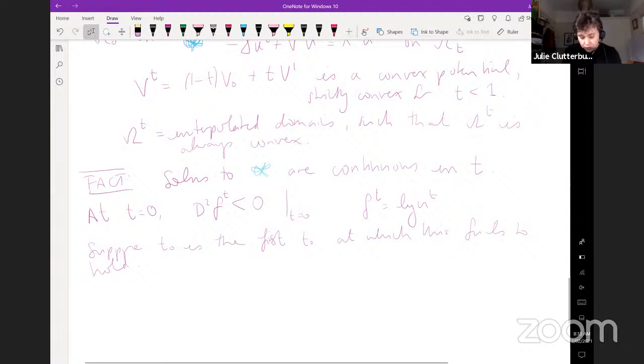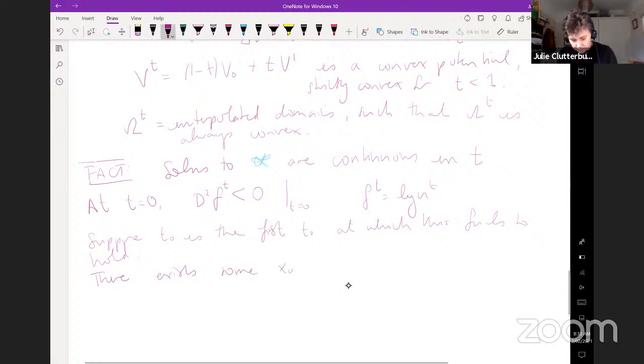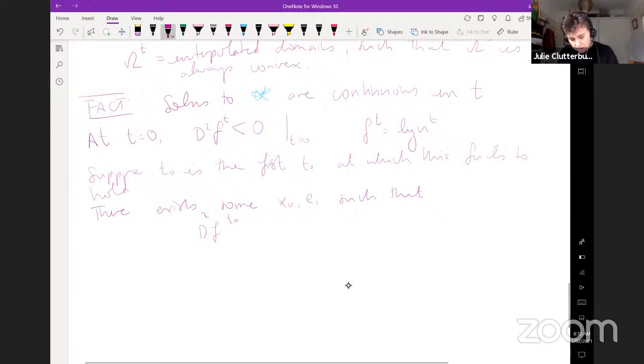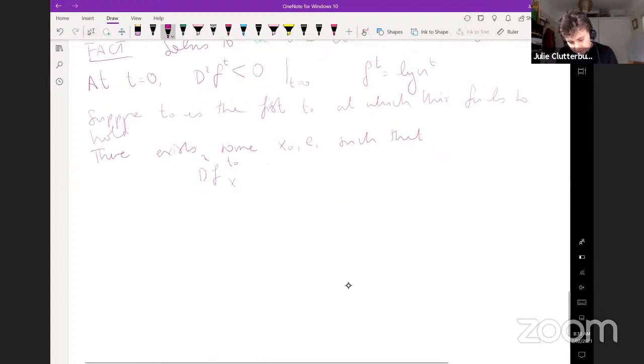Okay, and then this gives us the contradiction, because there exists some x0 and direction E1 such that d2f_t0 at x0 in direction E1 is equal to 0.